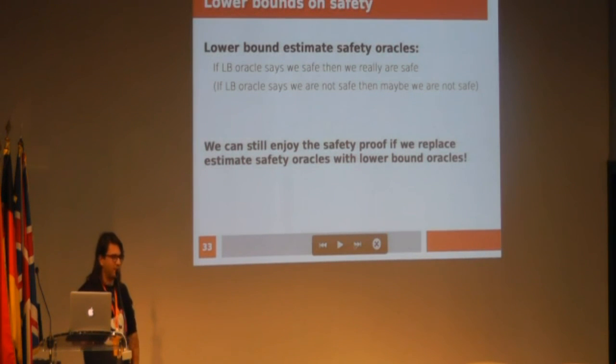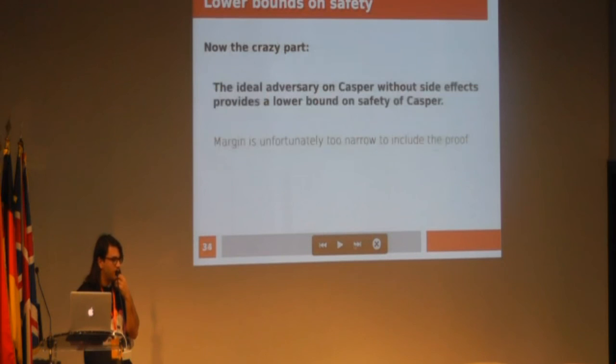When it says it's safe, we're definitely safe. But when the lower bound oracle says we're not safe, we may actually be safe. And so the lower bound oracle will imply the actual safety oracle, and so we're going to be able to inherit the safety proof if we have a lower bound on the safety oracle. So rather than needing to find a precise safety oracle, we can just find a lower bound, i.e. just some constraint that implies the safety property.